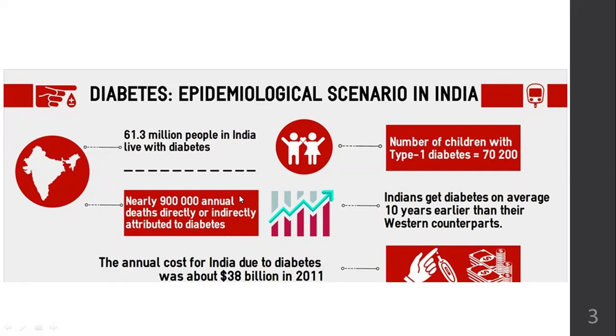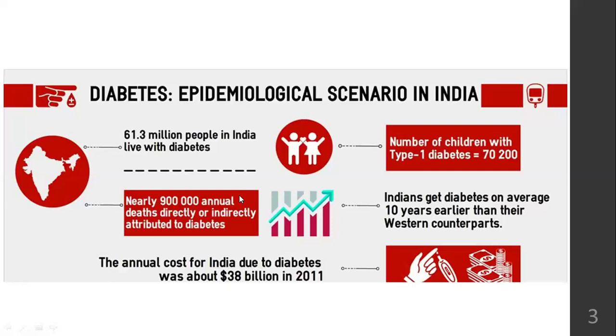But when globalization happened in the 1990s, access to food increased, and your bodies are still the same. The Indian body is made to survive scarcity, but there is access to food, and that too access to calorie dense food, not nutrient dense. Because of which it triggers quick diabetes in India.